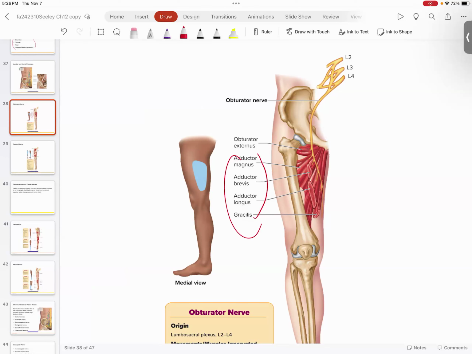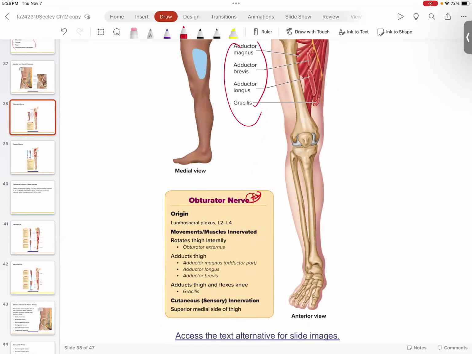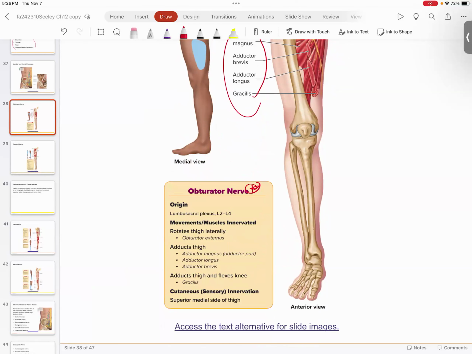Remember all those adductor muscles we were learning about, like adductor magnus, longus, brevis, and gracilis? All those adductors on the inside of your thigh are innervated by the obturator. So the obturator is an important one to know. This is mostly adductors of the thigh.